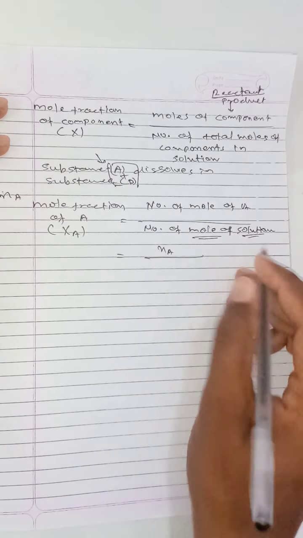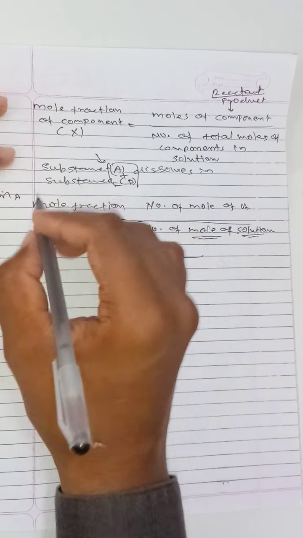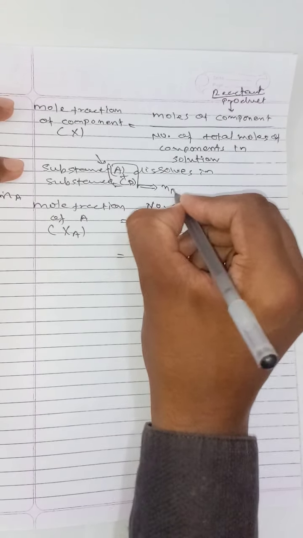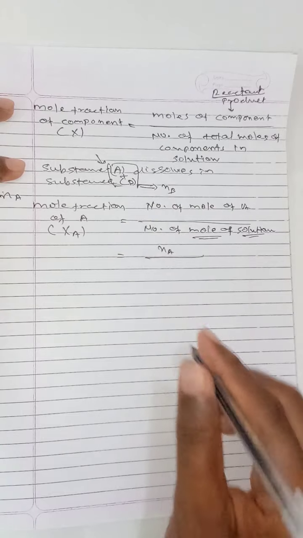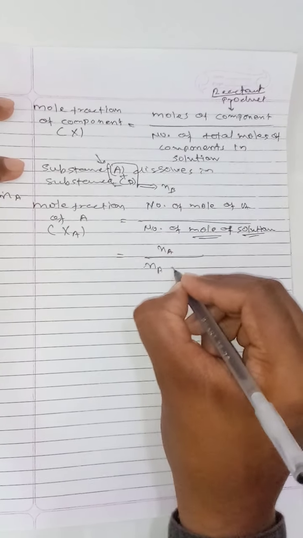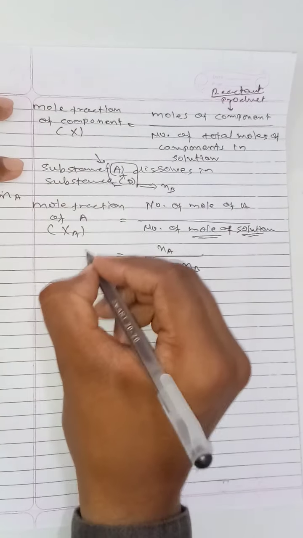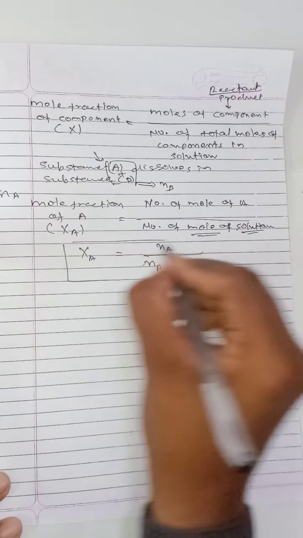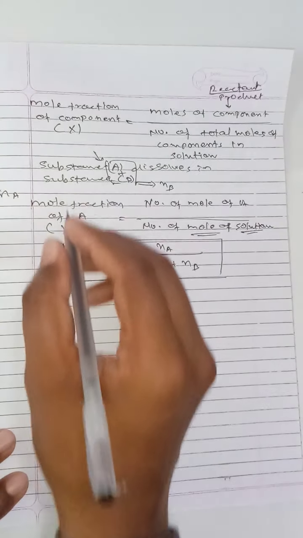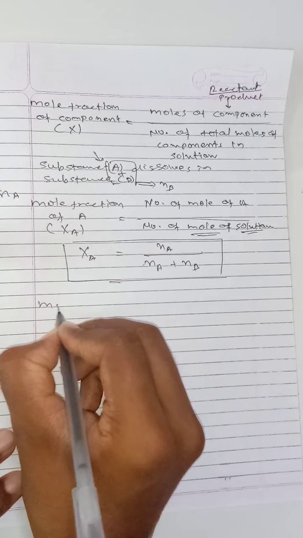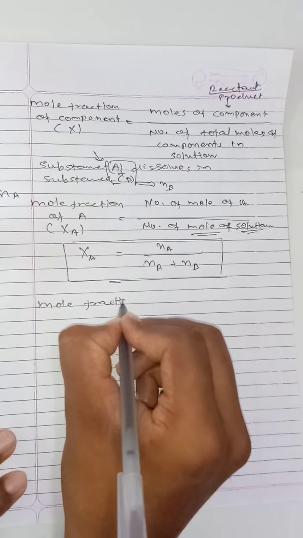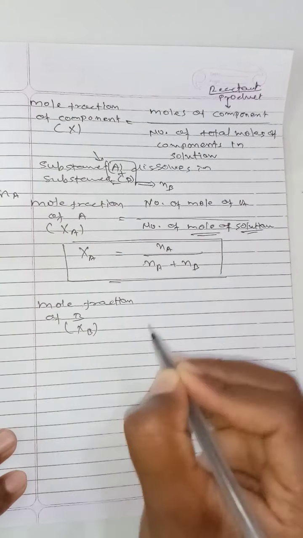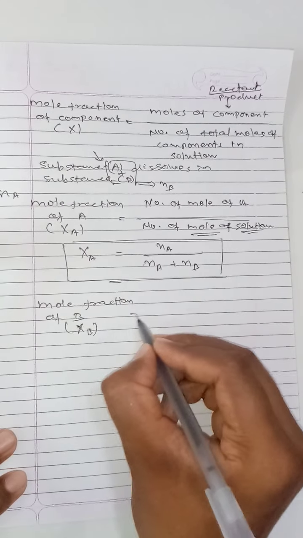Number of moles means here total number of mole of component A and component B. For component B, this is expressed by Nb, so divided by Na plus Nb, mole fraction of A. Now mole fraction of B. It is expressed by capital X, suffix B equal to.